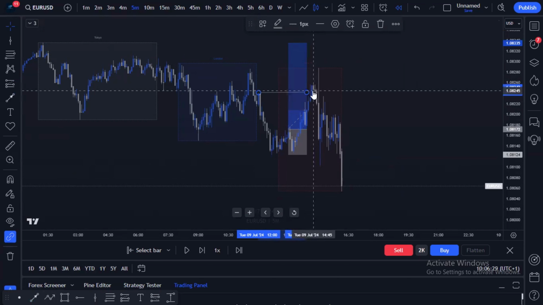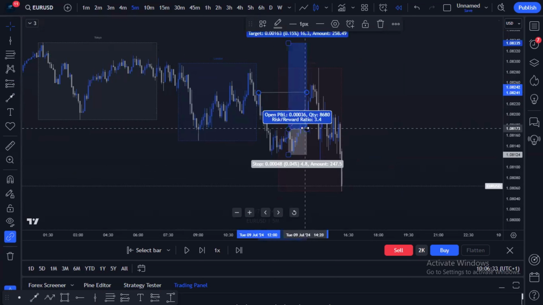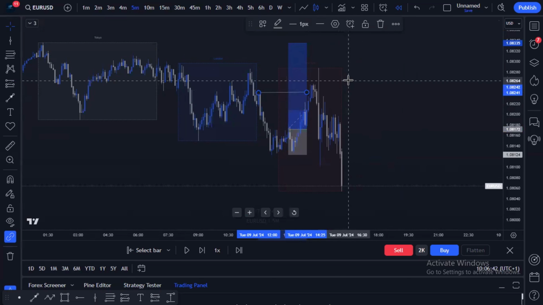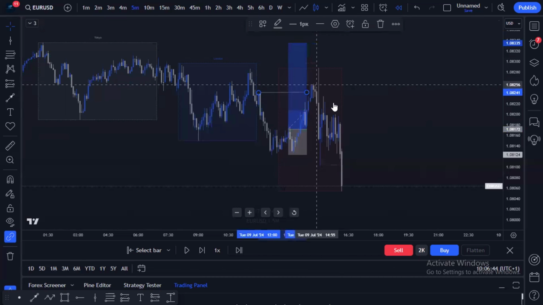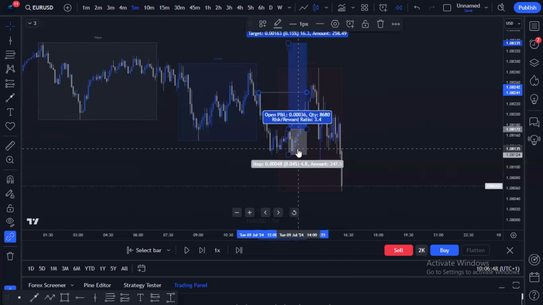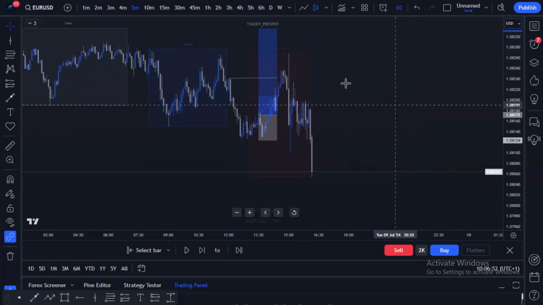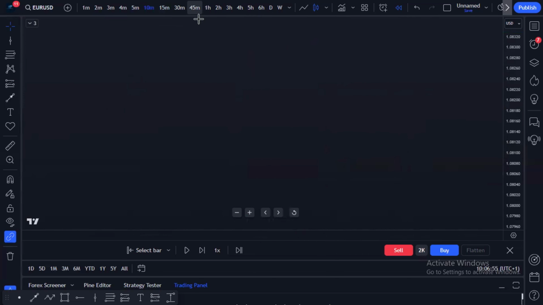You should take partial profit at this point, then set your stop loss at break even. So with partial profit, we didn't lose a trade for this day. We took partial profit, and later on we got stopped out. So this happens all the time in the market.